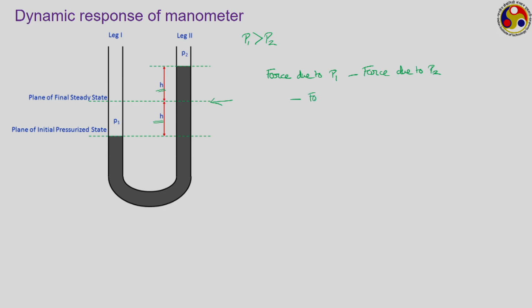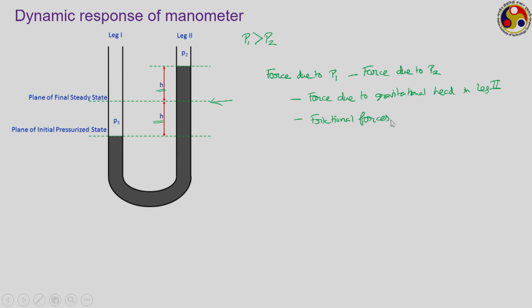So we may have a force due to gravitational head in the second leg, minus the frictional resistance.